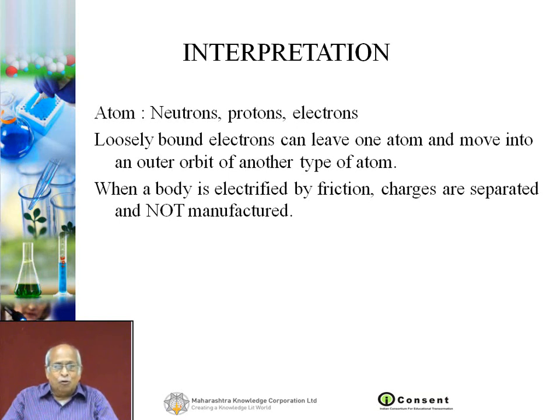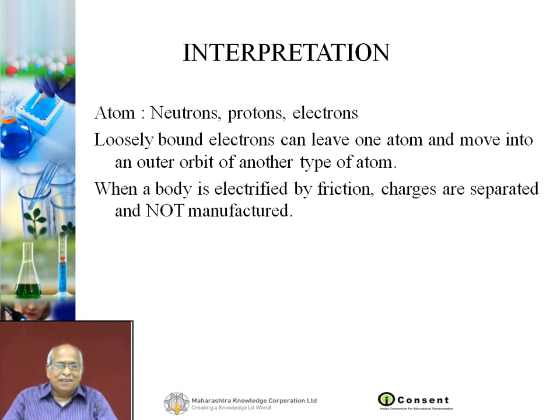The atom as a whole is electrically neutral because the number of electrons moving in different orbits is the same as the number of protons in the nucleus. The positive charge on each proton and negative charge on every electron are numerically equal.